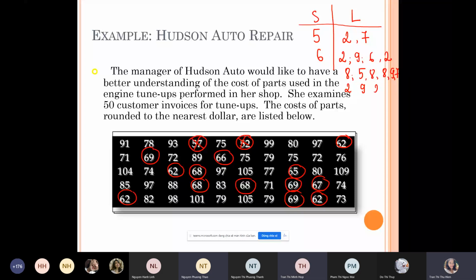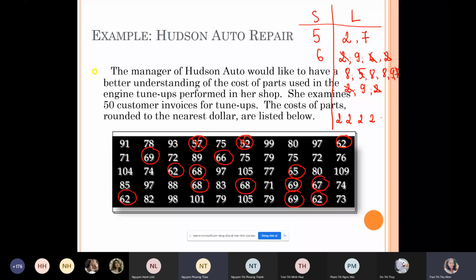After I write them down step by step, I can order them. One more step is to order them from the smallest to the greatest. 1, 2, 2, 2, 2. See? Next, 5, 6, 7.